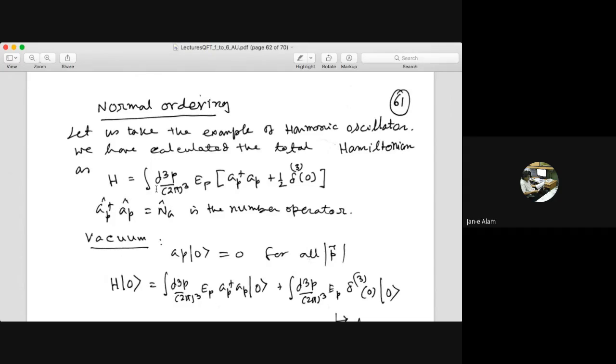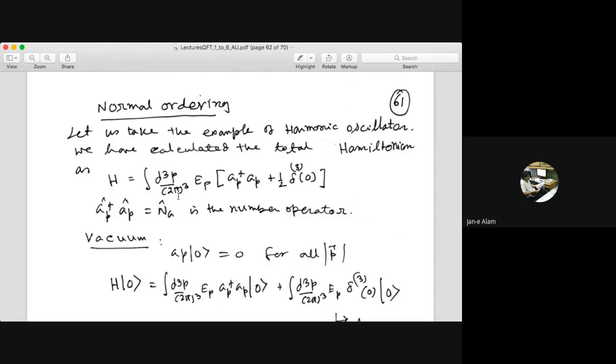I have shown you for the Klein-Gordon equation, when I took the Fourier transform with respect to the spatial coordinate, that it gives you an infinite number of harmonic oscillator modes, right? That is what we have done.